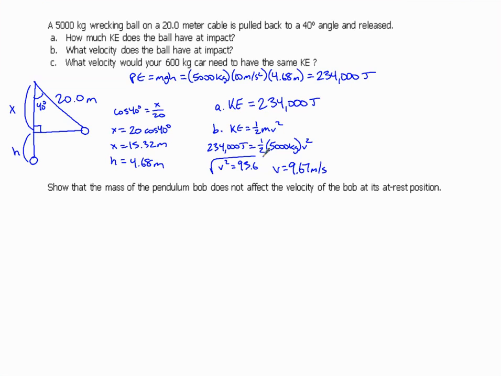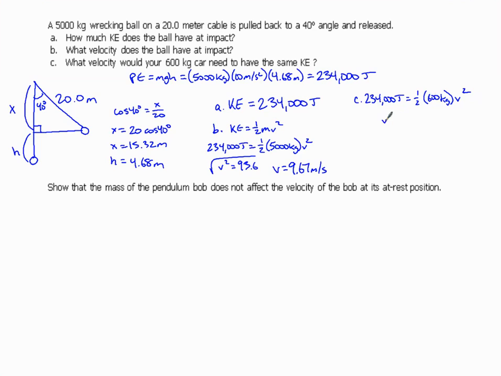Part C, what velocity would your 600 kilogram car need in order to have the same kinetic energy? So 234,000 joules is the kinetic energy. The thing that's changing here is the mass. And we're looking for what velocity?